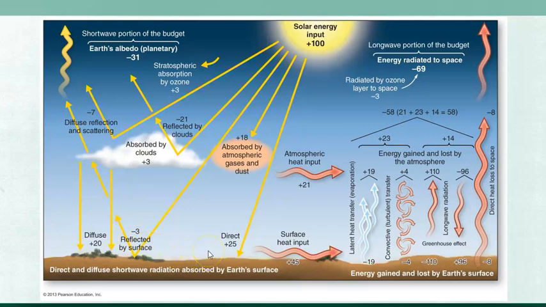That energy from the surface of the Earth plays a really big role in the heating of the atmosphere. So when we start thinking about how the atmosphere heats, we shouldn't just be focused on the sun, but also the role that the Earth is playing as well.